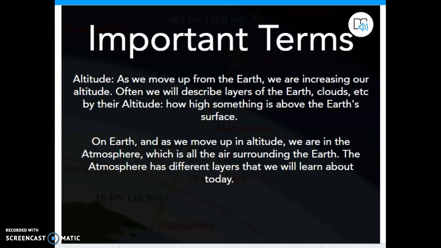And that is going to be the word altitude and obviously the word atmosphere. And they are very important because if we don't understand them, I'm not too sure how we can really understand the next few vocabulary words that we might come to.